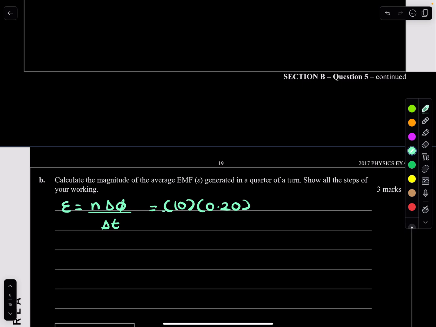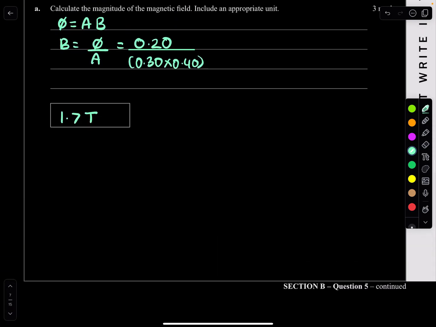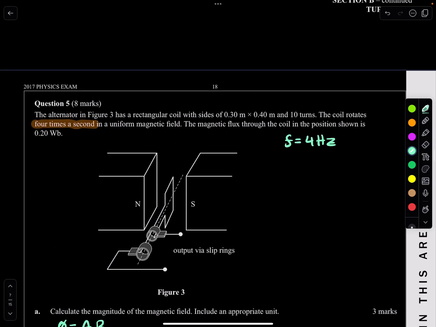Now your change in time has to be for that quarter. So remember how we got our frequency? To get the period it's just the reciprocal of frequency, which in this case would be 1/4, which is 0.25. Now that's for, remember, your period is how long it takes to complete one full cycle. Because we're only taking a quarter of that cycle, we have to times it by 1/4.